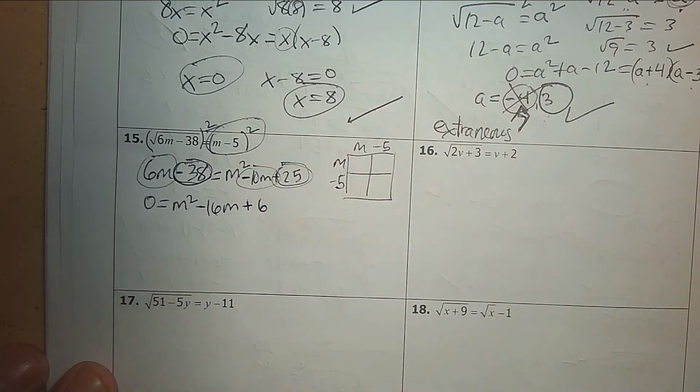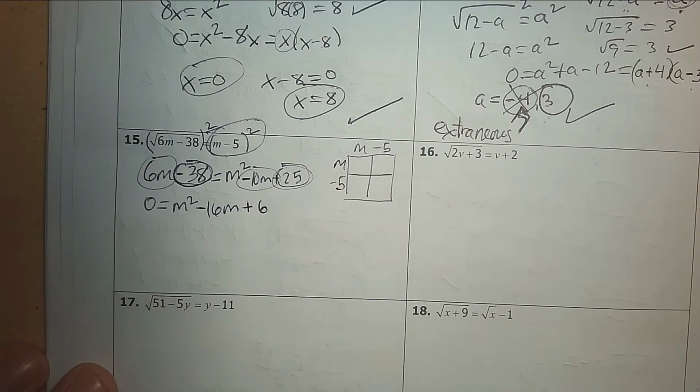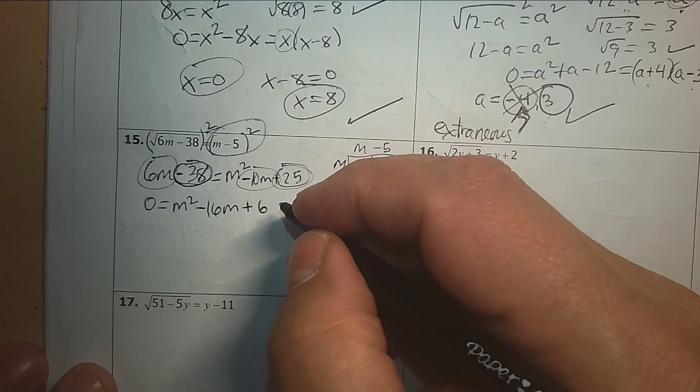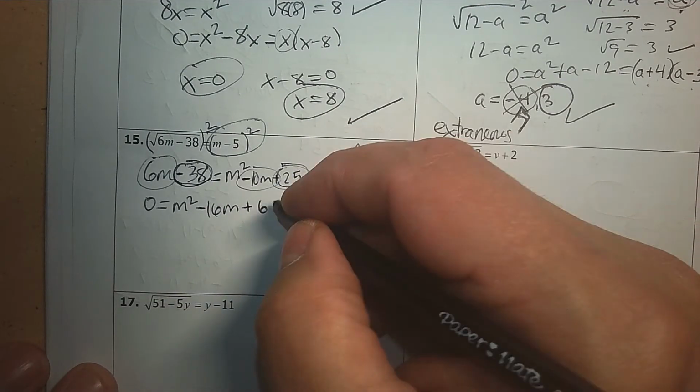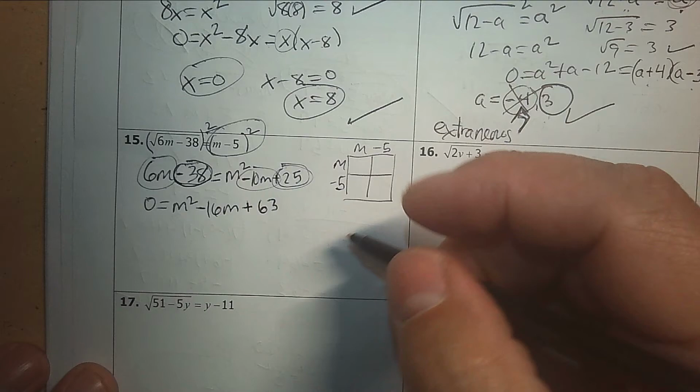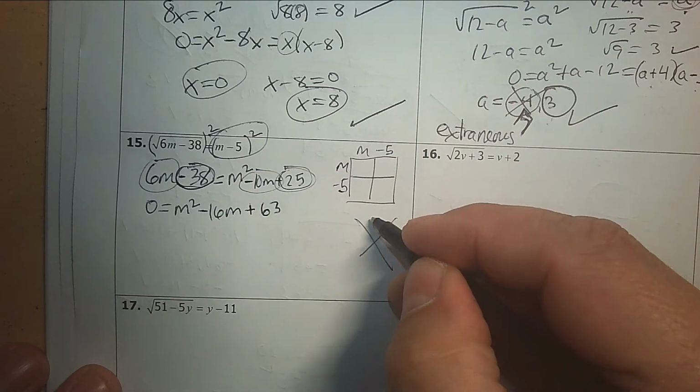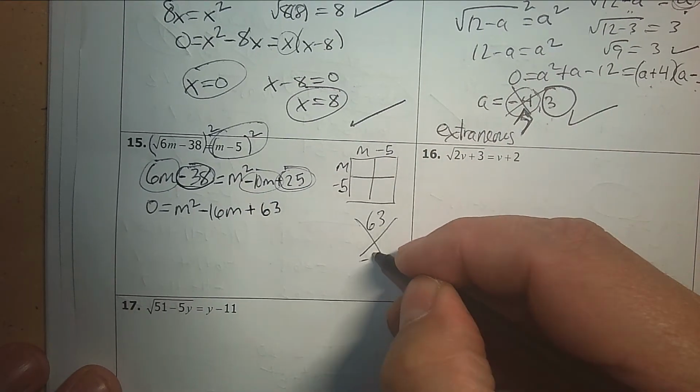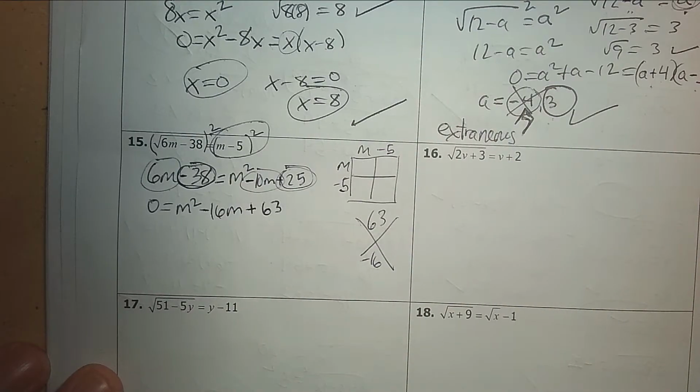I'll give you the first digit. 65. 63. Yep, I'm scared, Cristobal, but I believe in you. Two numbers that multiply to 63 and add to negative 16. Two numbers that multiply to 63. 7 and 9.